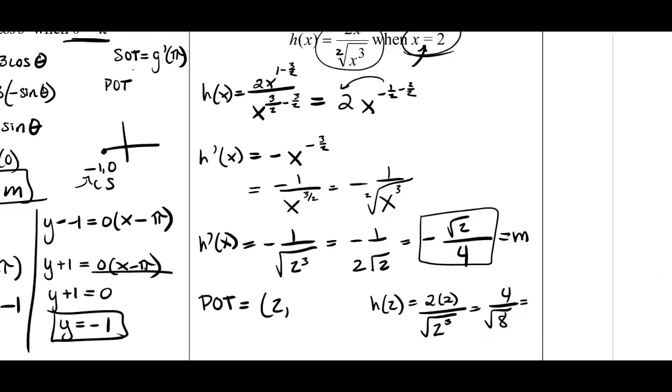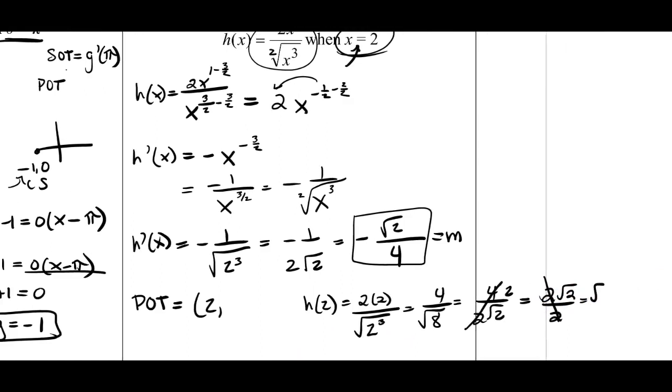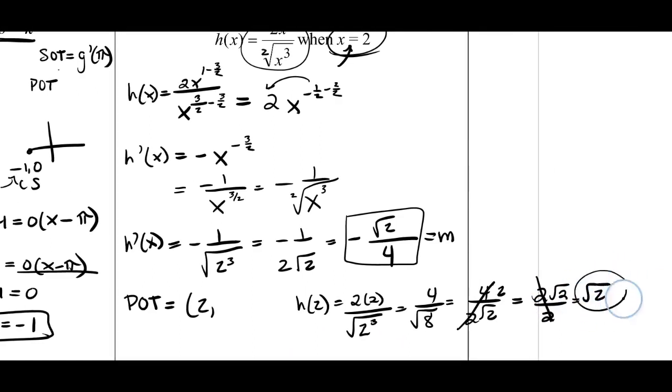Again, I can simplify. 4 over 2 radical 2, these cancel and give me 2. And then rationalize 2 over radical 2, and simplify one more time. And I just get radical 2. That's my simplest form. So y is radical 2.